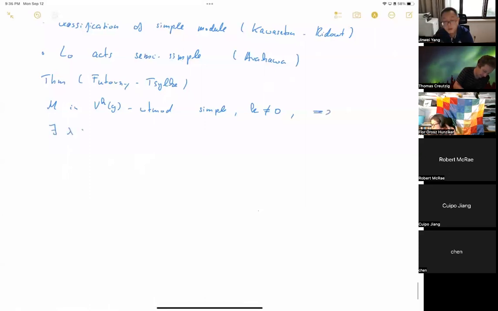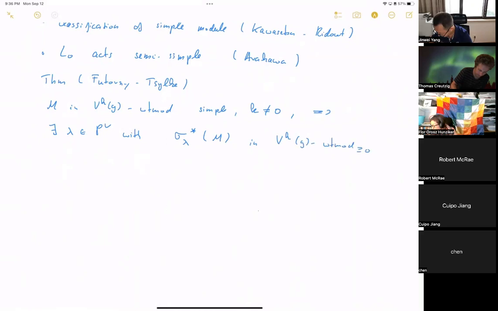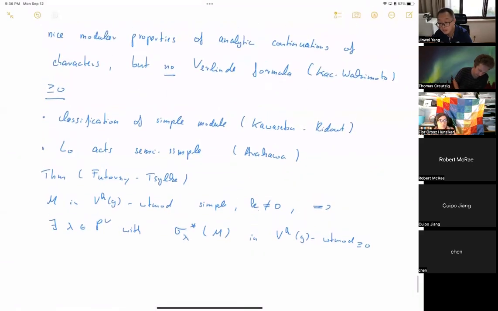There exists a lambda in the coweight lattice with the property that the spectral flow twist of the simple module is a lower bounded module. This is excellent, right? Because this means you can say the combined result of Kawasetsu-Ridout and the other theorem gives a classification of simple modules in the big category.